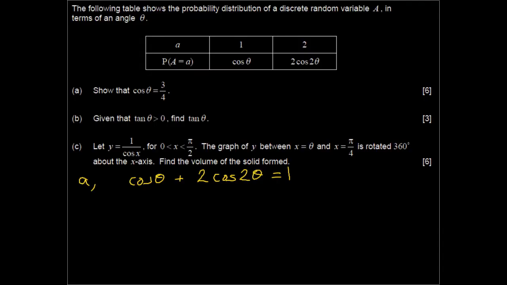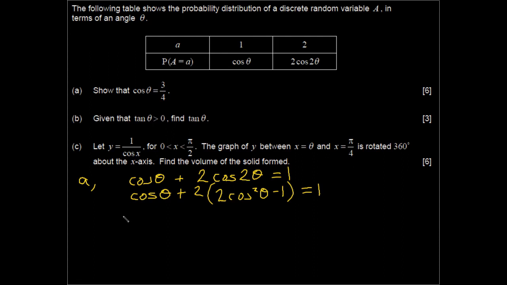So I'm going to change out the cos 2 theta for 2 cos squared theta minus 1, well, that'll be times 2, and keep the cos theta from here, equals 1. Now I should be able to rearrange that into the form of a quadratic equation for cos theta, and then solve that, and hopefully that will give me the answer, cos theta is 3 over 4.